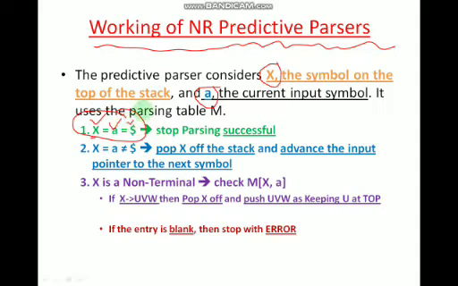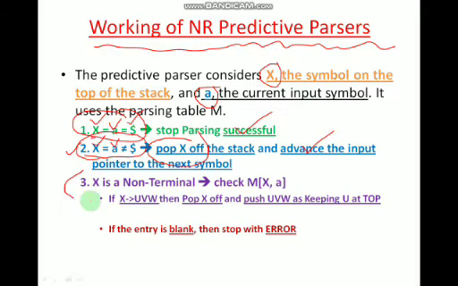If you get this configuration it means parsing is successful. The second possibility is that the symbol at the top of the stack equals the current input symbol but is not equal to dollar. In that case the parser will pop X off the stack and advance the input pointer to point to the next symbol of the input string.